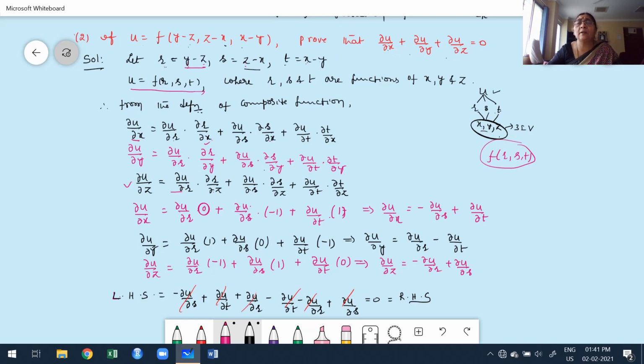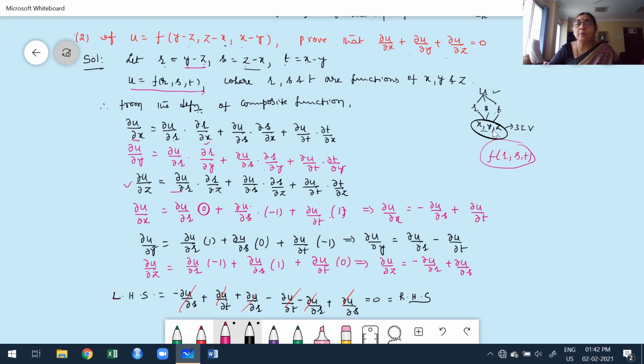Here we are expecting partial derivatives. This shows that u is dependent on more than one independent variable: x, y, z. Therefore, I took the first coordinate as r, the second coordinate as s, and this as t. Now we get u is a function of r, s, t, where r, s and t are functions of three independent variables x, y, z.